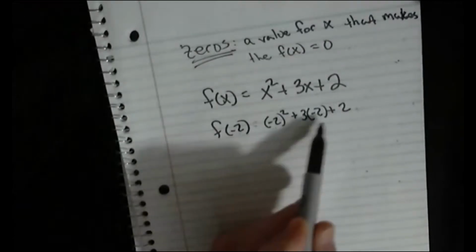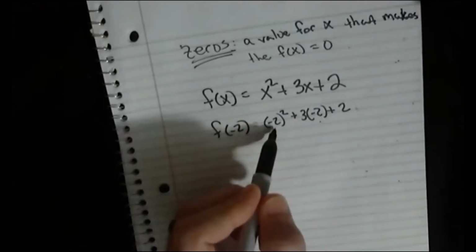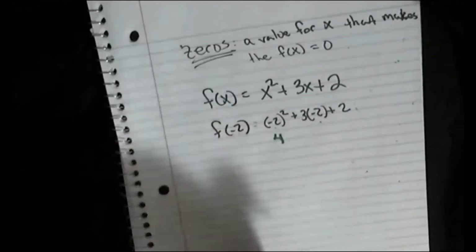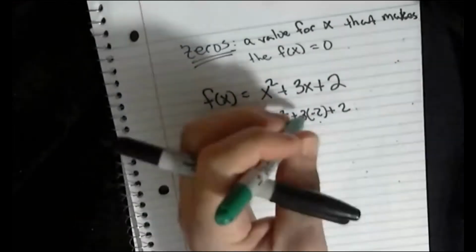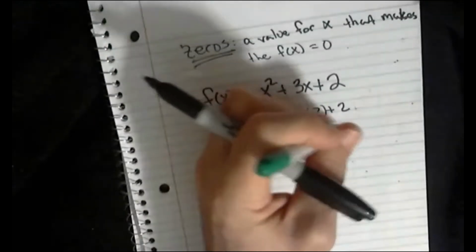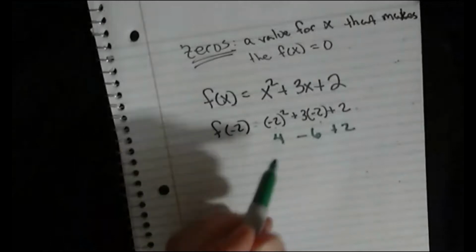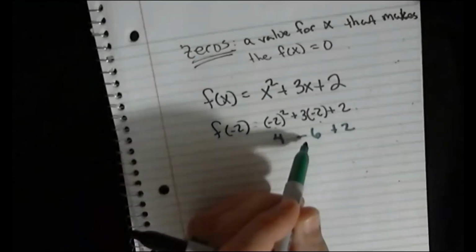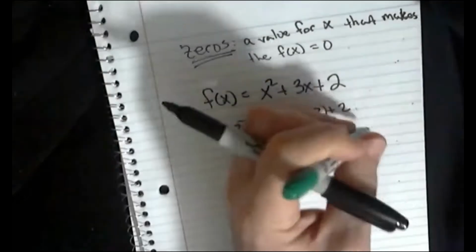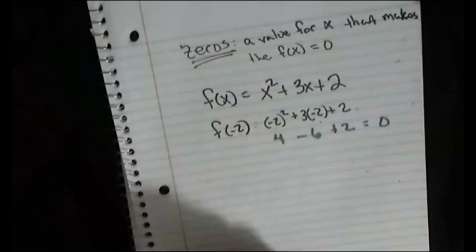So -2 to the second power is +4. 3 times -2 is -6. And 4 minus 6 plus 2, so 4 minus 6 is -2, -2 plus 2 is 0.